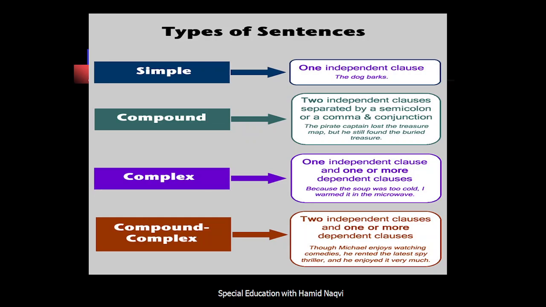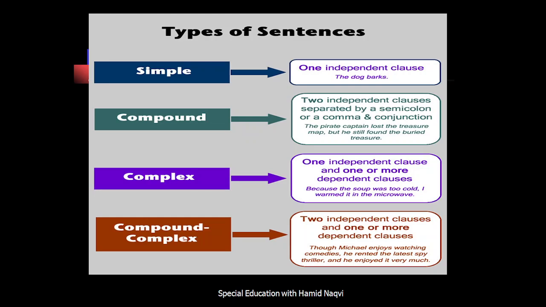The third type of sentence is complex, and in this there is more than one clause: one independent clause and one or more dependent clauses. There may be 3 clauses and even more. So one independent clause is a must, and one or more dependent clauses.